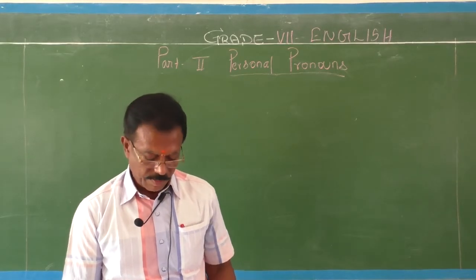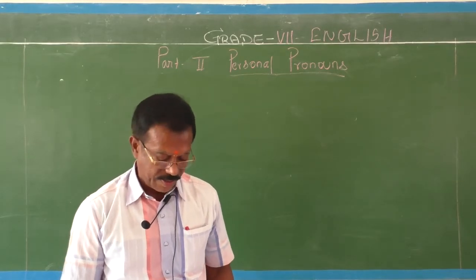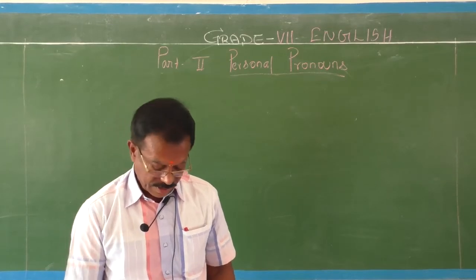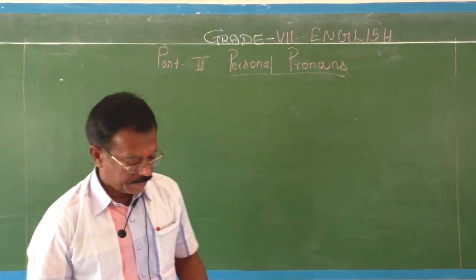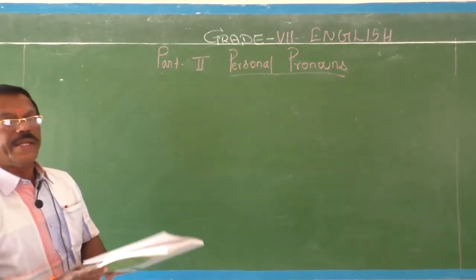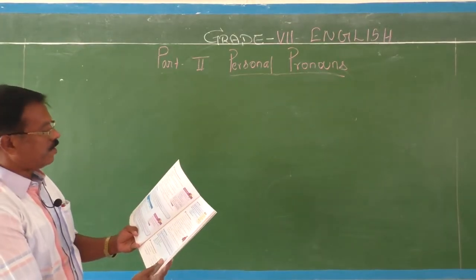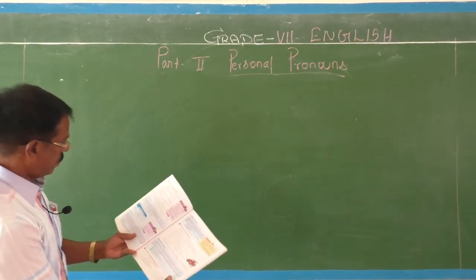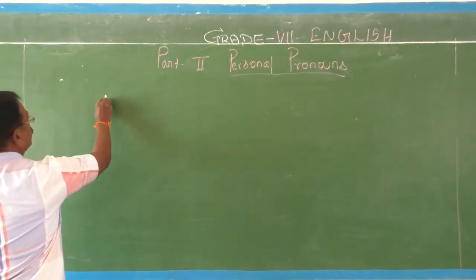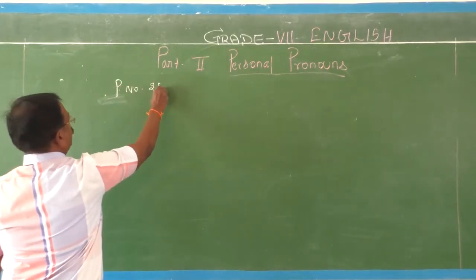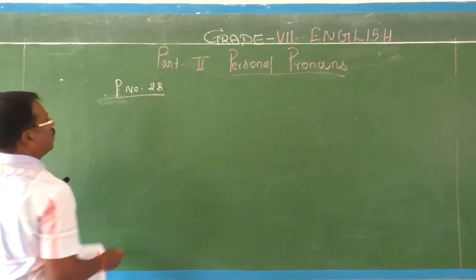I'll give you some examples from your text grammar which has been prescribed for you for the 7th standard. See this pronoun. Page in your grammar book, page number 28.